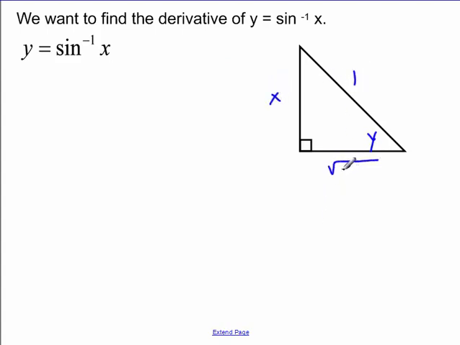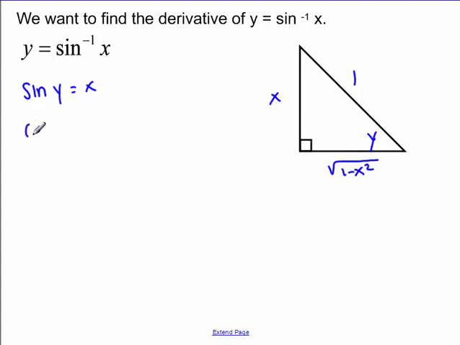Using your Pythagorean theorem, we can get our third side to be this. So I don't know how to find the derivative of inverse sine, but I know that rewriting this, I can say the sine of y is equal to x. The sine of angle y is equal to x over 1.